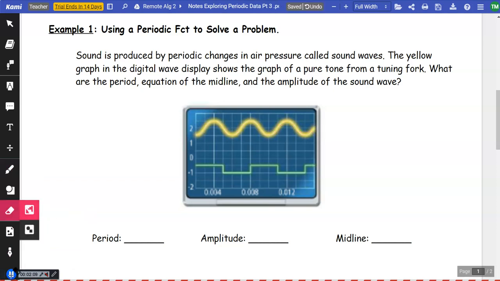To identify the period, we first have to identify a cycle. When I talk about finding a cycle, I'm talking about finding the pattern that's repeated over and over again. And when I identify a cycle, I also want to make sure that I begin with and end with the same y value.